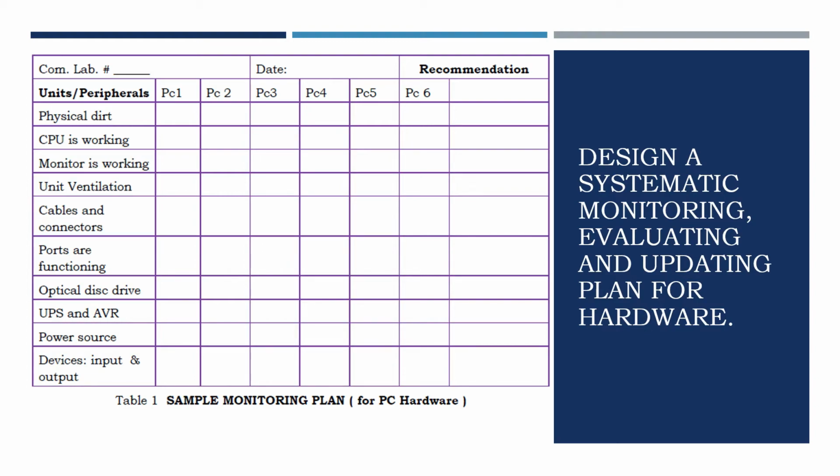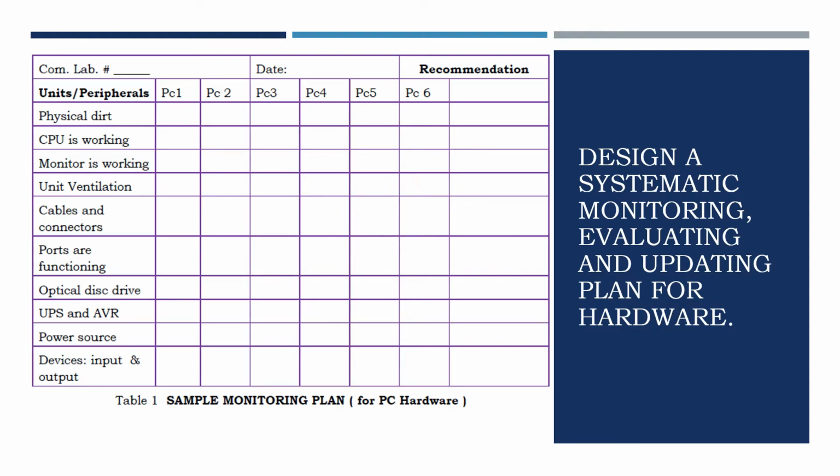Remember, these are the important things that you have to consider. Notice the units and peripherals. There's the list: physical dirt, CPU is working, monitor is working, unit ventilation, and up to devices input and output.